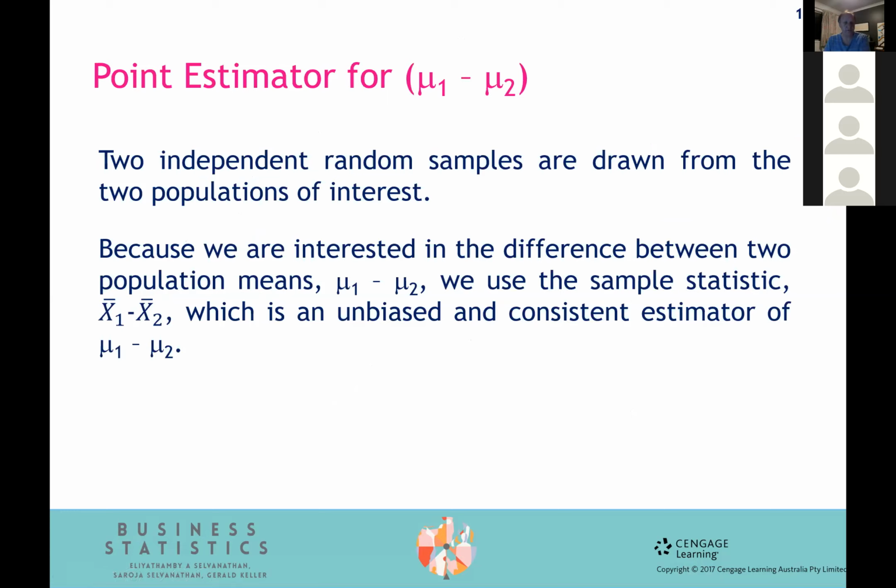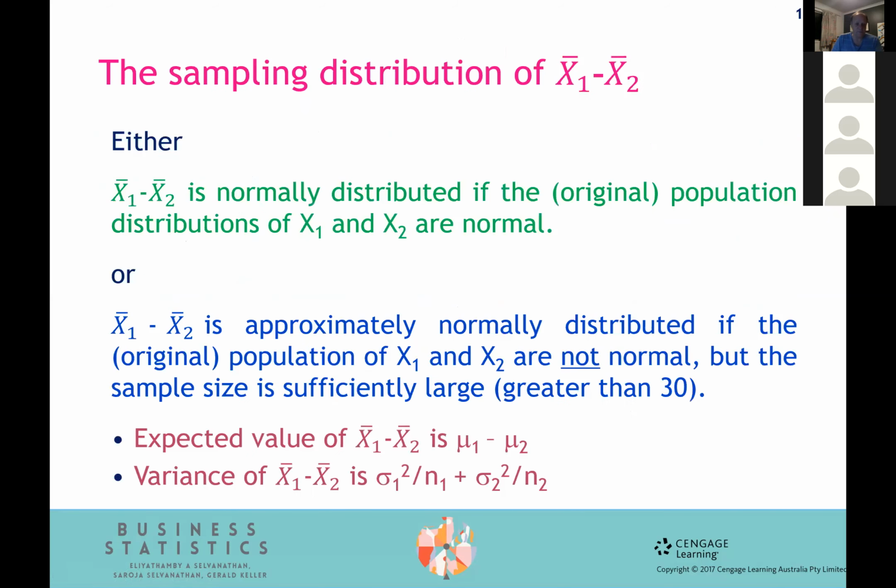So here's the thing: two independent random samples are drawn from two populations. Because we are interested in the difference between the two populations, we use the sample statistic x bar 1 minus x bar 2, which is an unbiased and consistent estimator of the population parameter mu1 minus mu2. Hopefully it will become clear when you see an example. Either this calculation, the difference, is normally distributed if the original population distributions are normal, or it's approximately normally distributed.